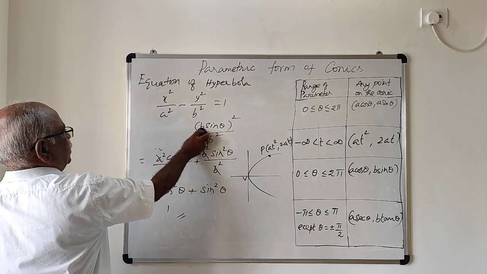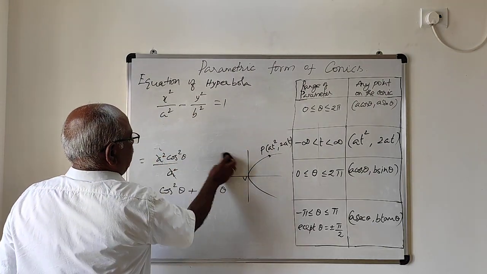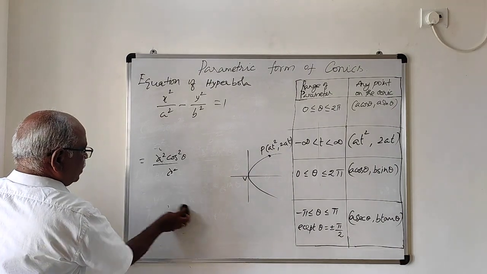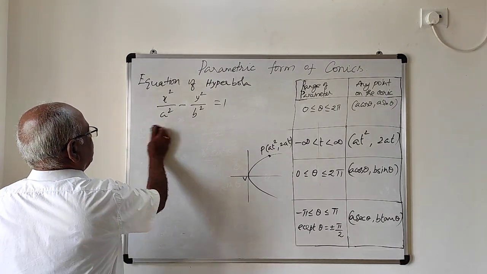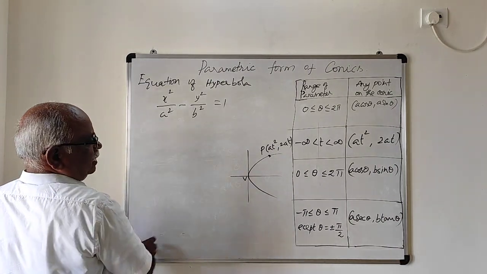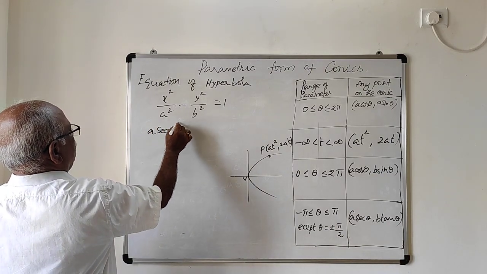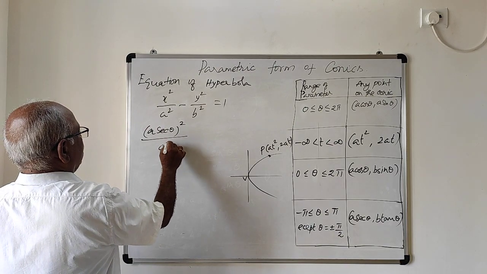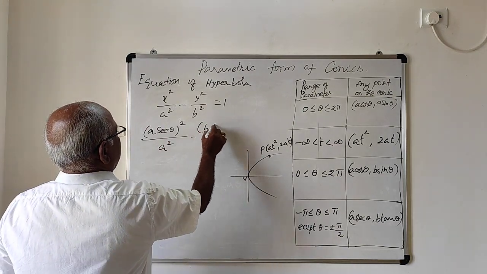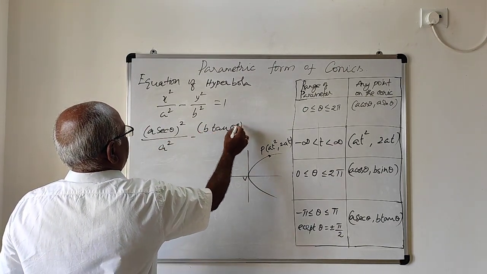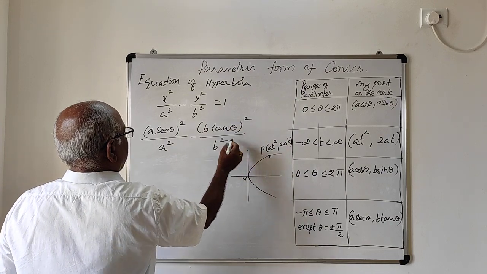Substituting the respective parameters for the values of x and y in the equation of hyperbola, we replace x by a secant theta, the whole square by a square, minus y is b tan theta, the whole square by b square.